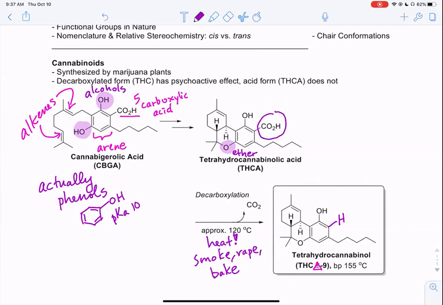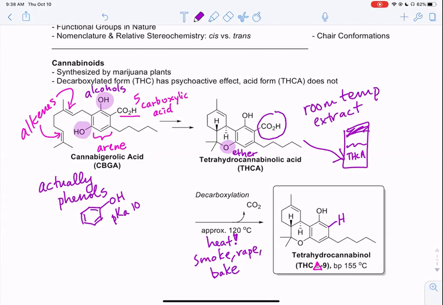So if you were to ingest an oil, like if you made a room temperature extract of this, if you were to take marijuana flowers and soak them in, say, olive oil or avocado oil over the course of a couple of weeks, it'll extract the THCA, right? So you'll have the THCA in a jar, and if you ingest this, you won't feel anything.